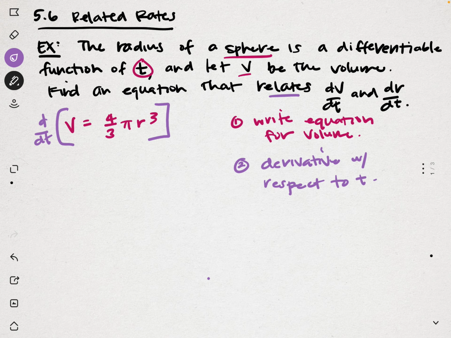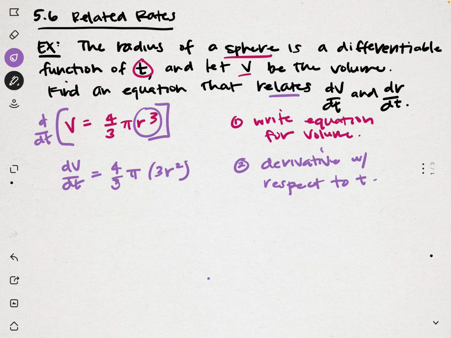So the derivative of v with respect to t is just going to be dv/dt. 4/3, we don't have to worry about that. We don't have to worry about the pi because the pi is also a constant, but we're going to take the derivative of r cubed. So we're going to do 3r squared.